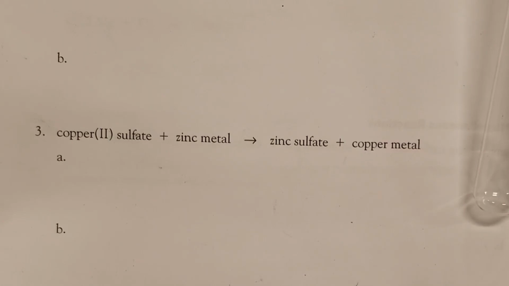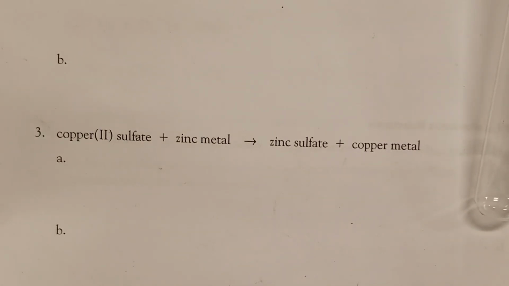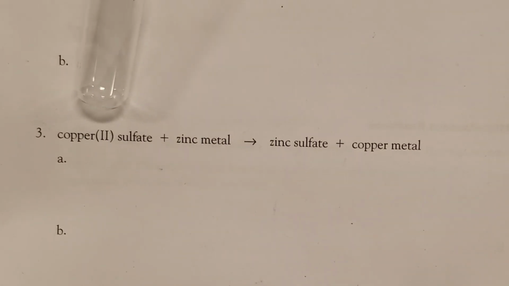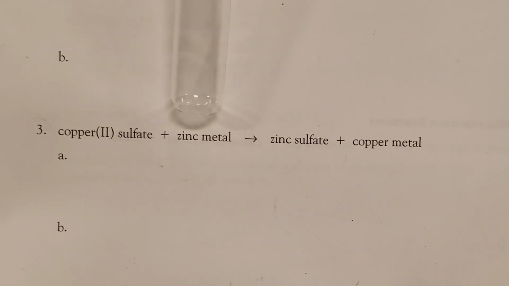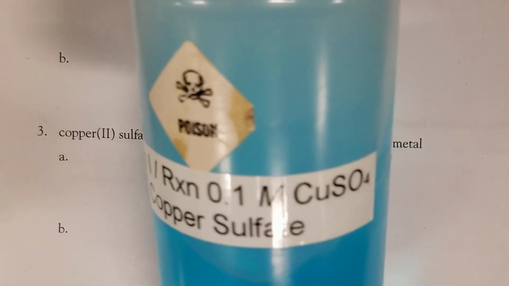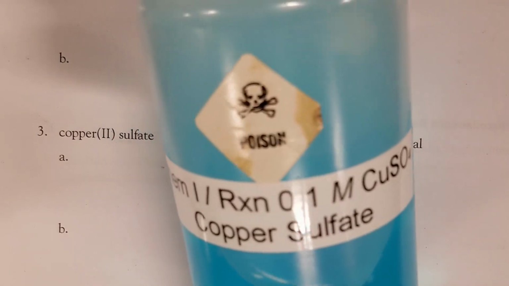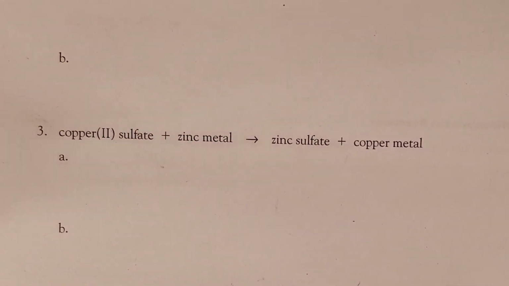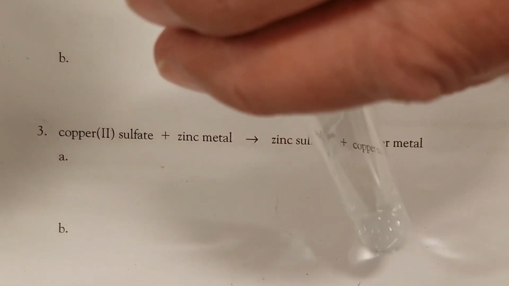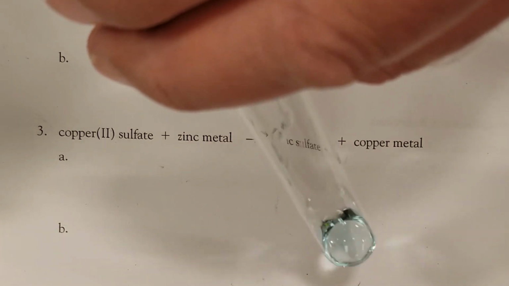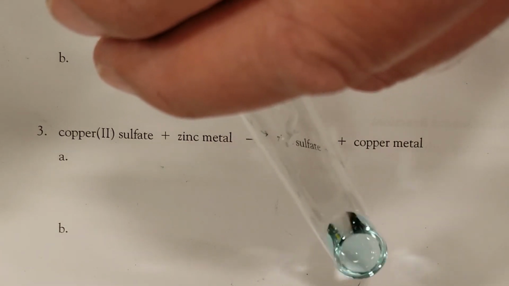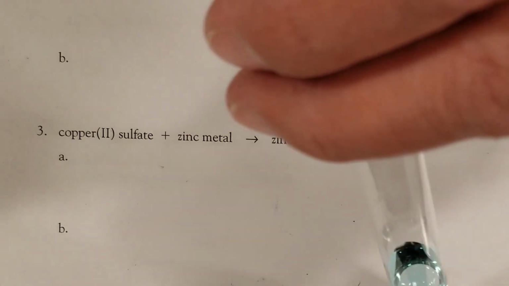Okay, page 99, number 3. The reaction of copper 2 sulfate with zinc metal. So here's our copper 2 sulfate dissolved in water. It's a nice blue aqueous solution of copper 2 sulfate. We'll add some of this to our test tube. And hopefully you're taking note of the blue color of the solution.